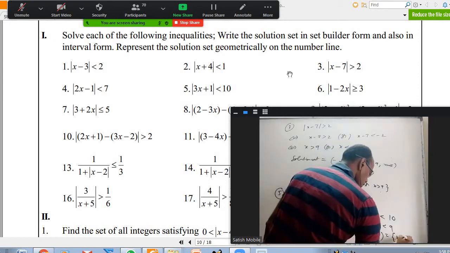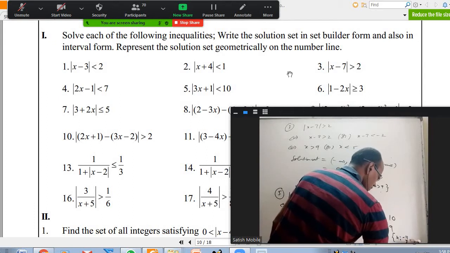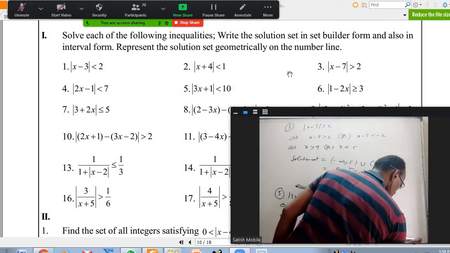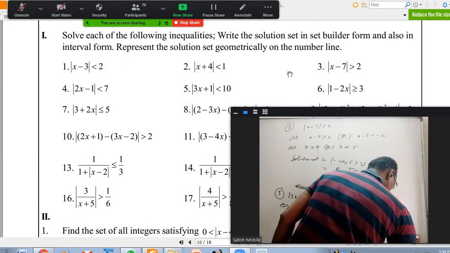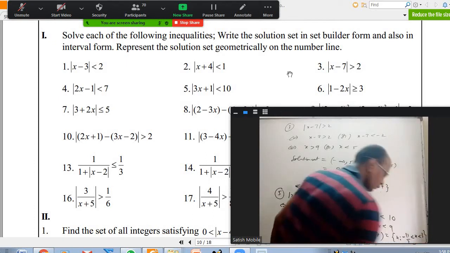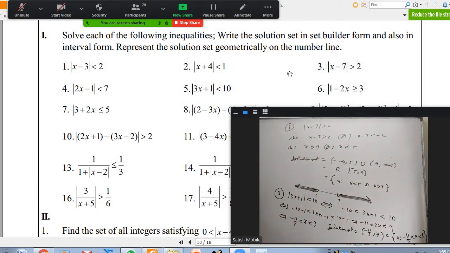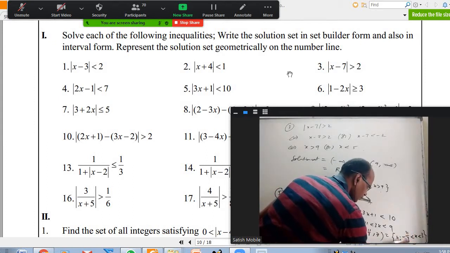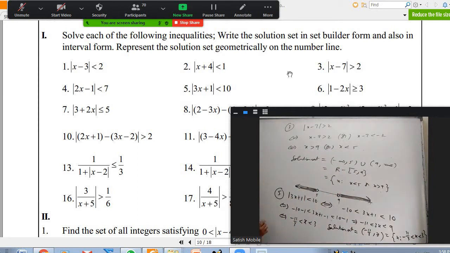Or x such that minus 11 by 3 less than x less than 3. Or number line: open, everything between minus 11 by 3 and 3.